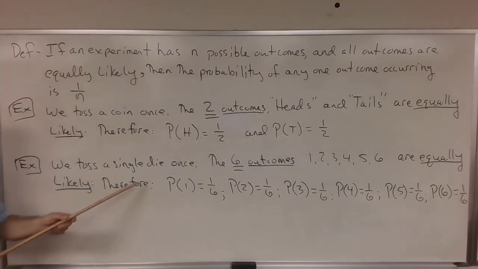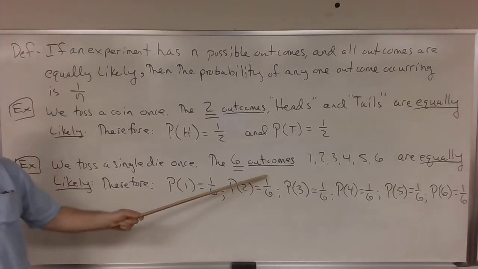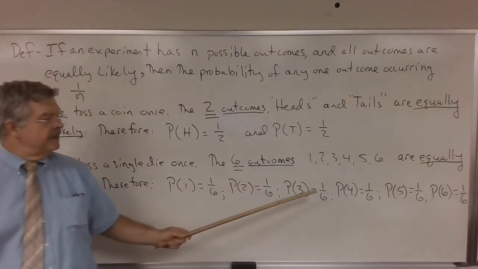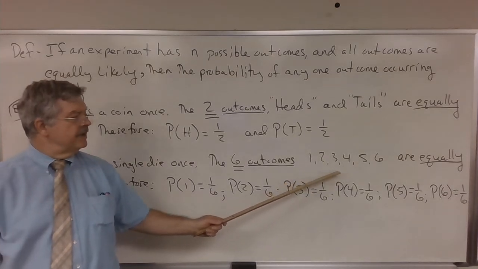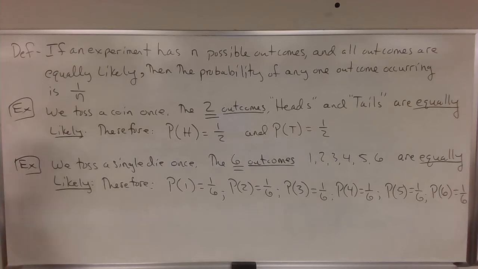Another example, we toss a single die once. There are 6 outcomes. We can either get a 1, a 2, a 3, a 4, a 5, or a 6. And these outcomes are equally likely. So the probability that we get any one of these outcomes, for example, a 1, is 1 over 6, 1 over the number of possible outcomes.